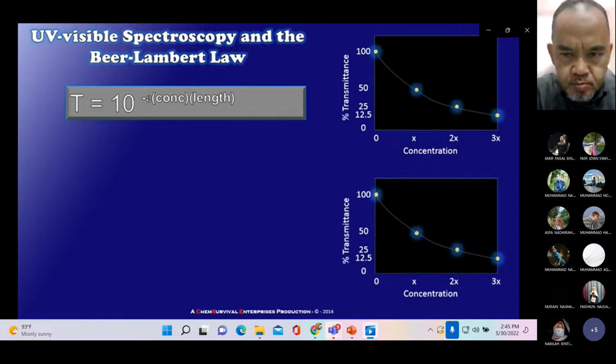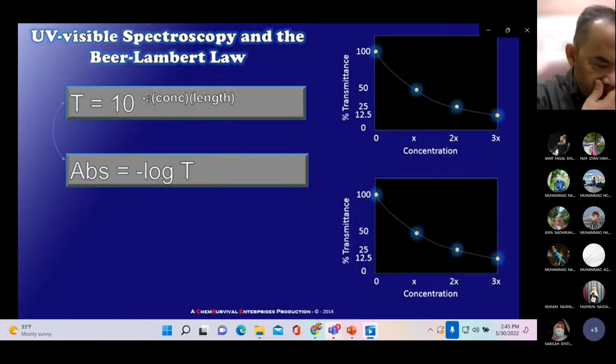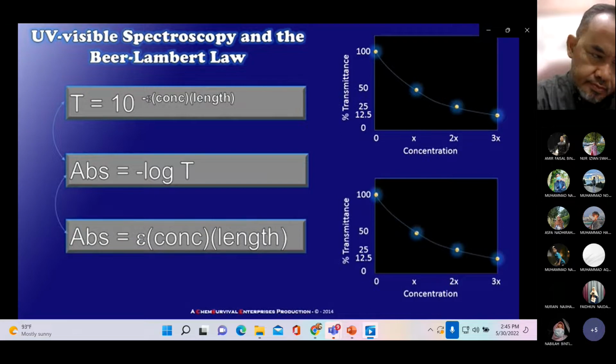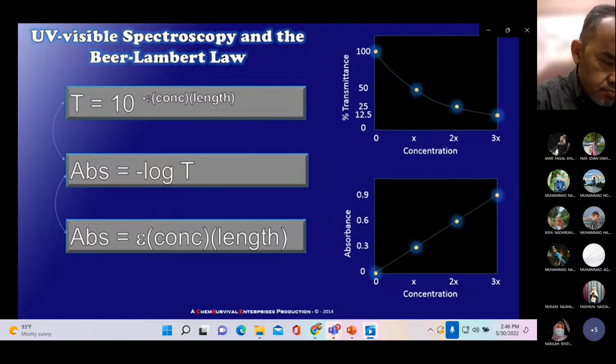And he did so by taking the logarithm, or really the negative logarithm, of the transmittance. Taking the logarithm of an exponential function creates a linear function. And so the data, when plotted as absorbance rather than transmittance, is actually considerably easier to look at.